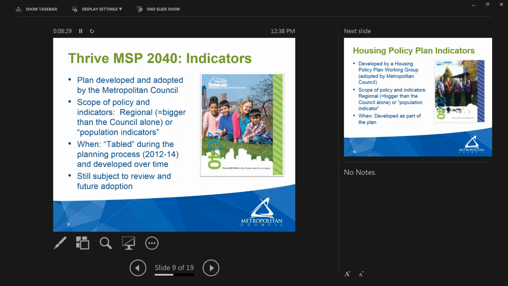One key piece is the process of putting the entire plan together took about 2 to 2.5 years, depending on when you start counting. And by the time that we got around to let's talk about Thrive indicators, there was a significant Thrive fatigue.